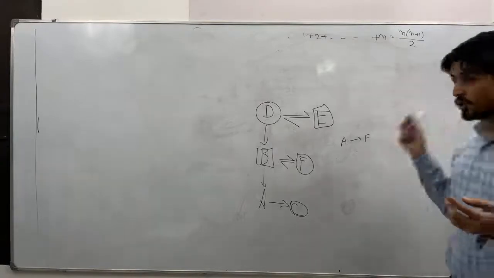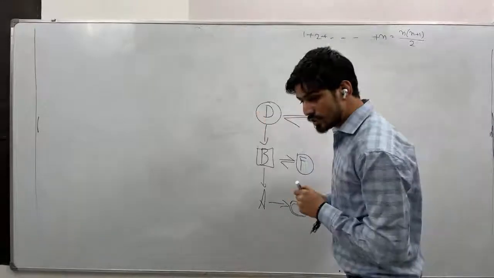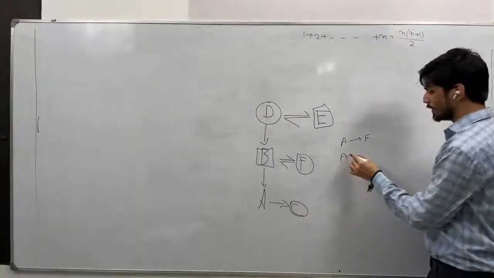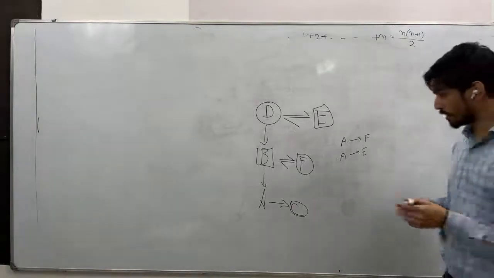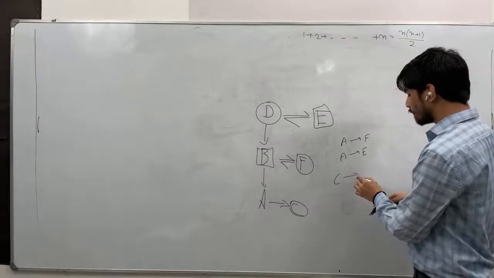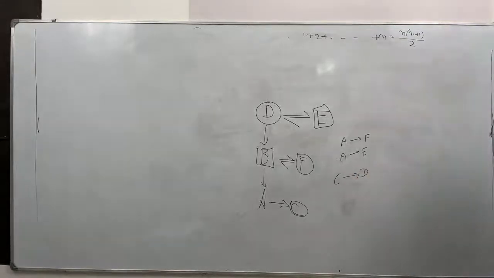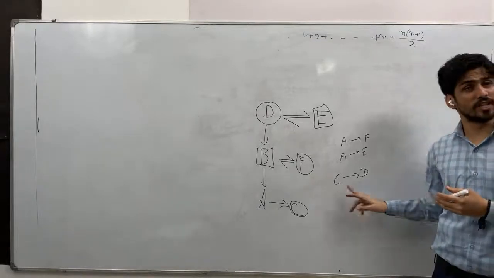Likewise, we say either daughter or son. Next, A to E: grandchild, right? We can say either granddaughter or grandson. Okay. Then what was C to D? Here C is the granddaughter.